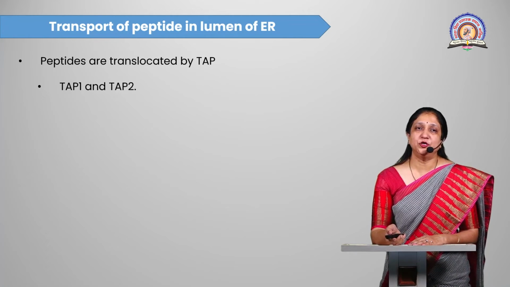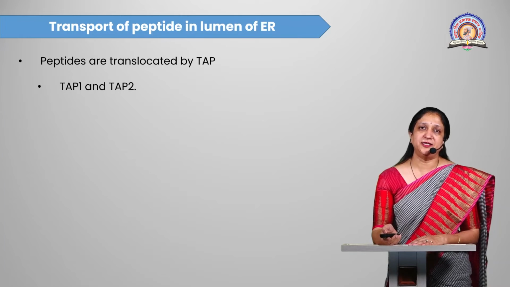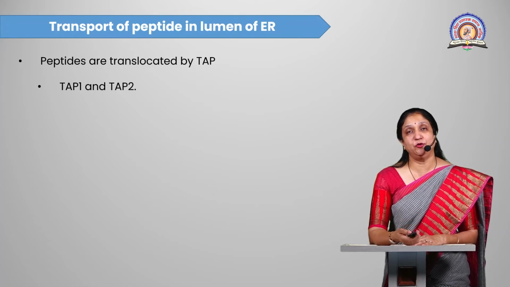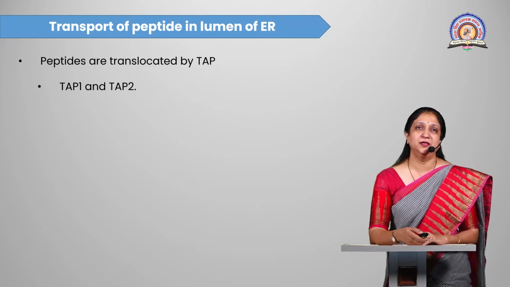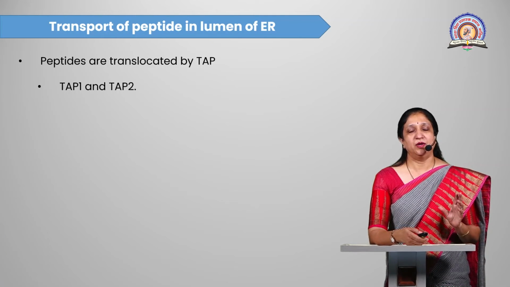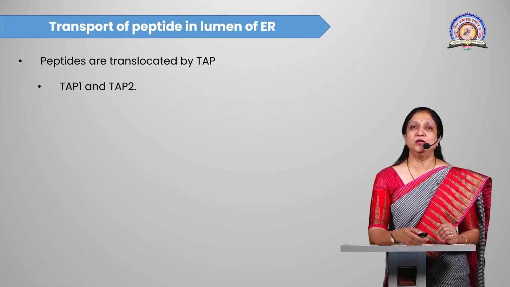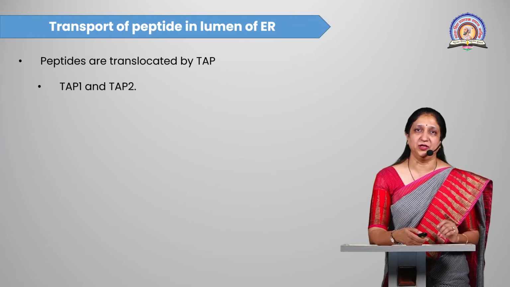For the transport of the peptides from the cytosol into the endoplasmic reticulum, a transmembrane protein is required, which is abbreviated as the TAP protein.